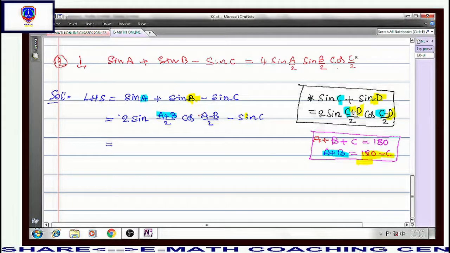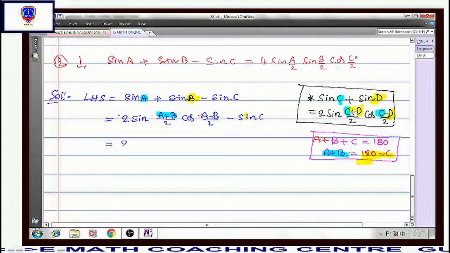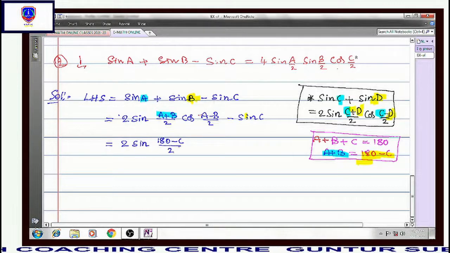Now to write down 2 sin of A plus B, that means 180 minus C by 2, and keep the remaining terms the same as they are. There are no changes for them. And here you can use the sin 2 theta formula for sin C. I will mention the formula.